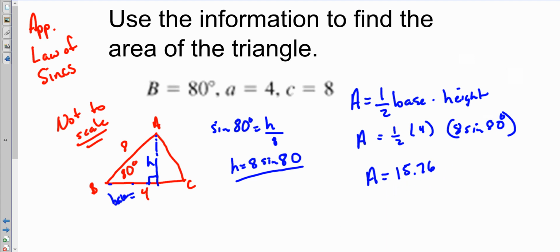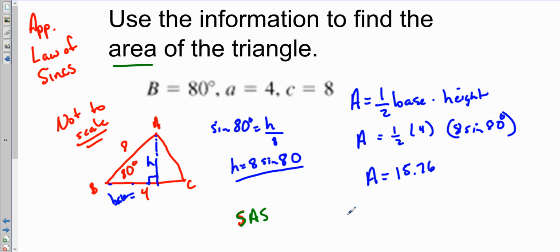Now, another thing you probably want to know is that there is a shortcut. This pattern always occurs. If you're given side, angle, side, and you're asked to find the area of a triangle, we can always set up a triangle like this where the height is opposite this angle.